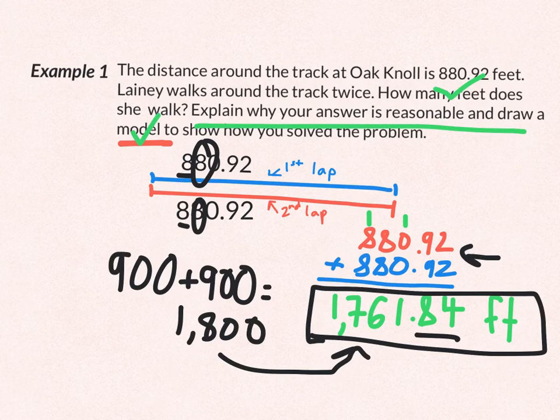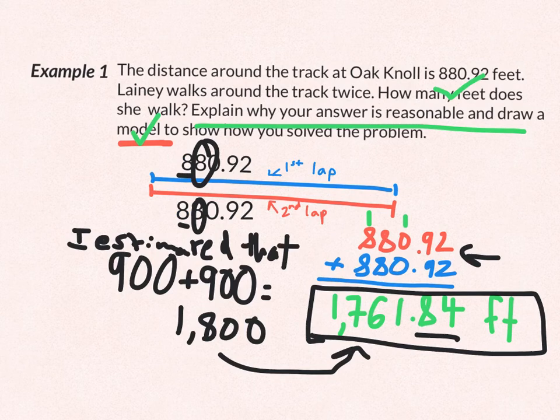So this shows that our answer is reasonable. You just need to add a little explanation, which is that I estimated that 900 plus 900 equals 1800, and that shows that your answer is reasonable.